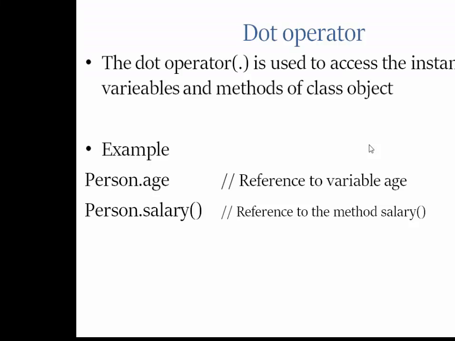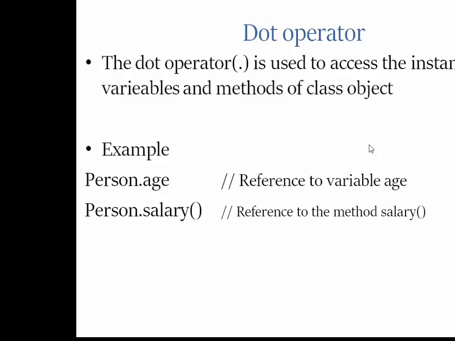Next operator is the dot operator. Okay. So we already used this dot operator or period operator in so many previous examples. So let us discuss one more special type of operator, that is the dot operator. As we know, this dot operator is mainly used to access the instance variables and methods of a class. Okay.